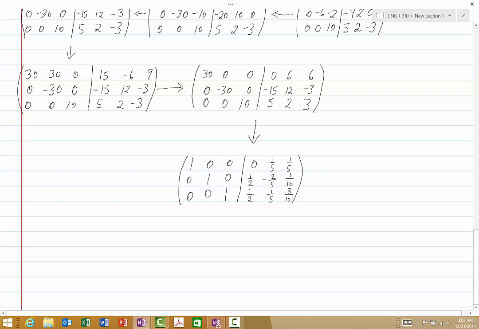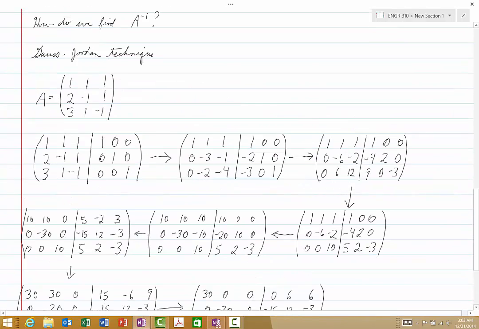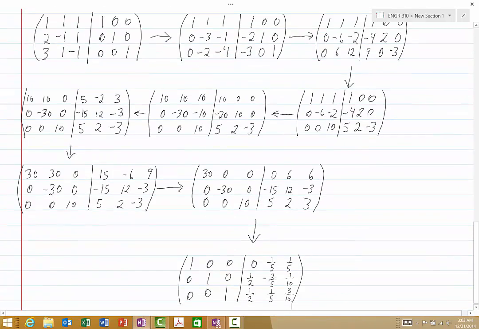And that is the end of the procedure. We have now obtained the identity matrix to the left of the vertical line, and so the claim is that this matrix to the right of the vertical line is the inverse of the matrix A that we started with.